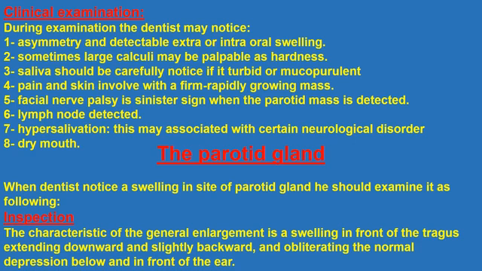Moving to the parotid gland, when the dentist notes a swelling inside the parotid gland, he should examine it as follows. By inspection, the characteristic of the general enlargement is a swelling in front of the tragus of the ear, extending downward and slightly backward, and obliterating the normal depression below and in front of the ear.